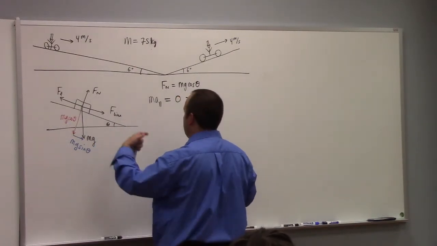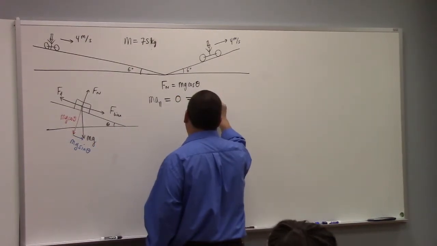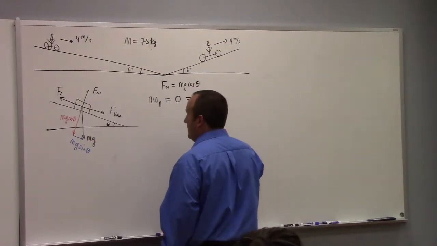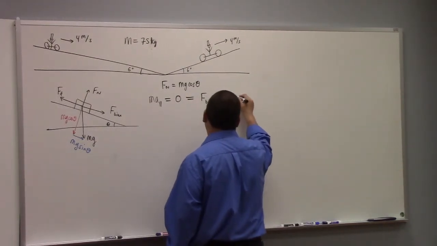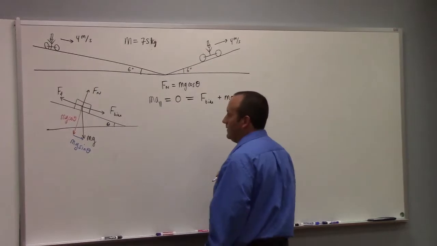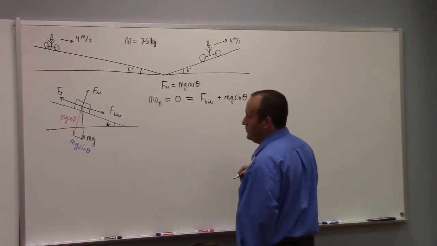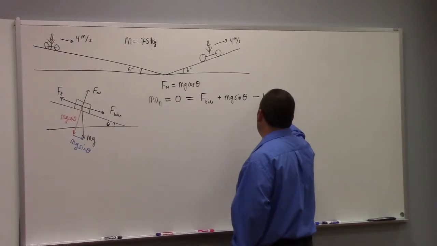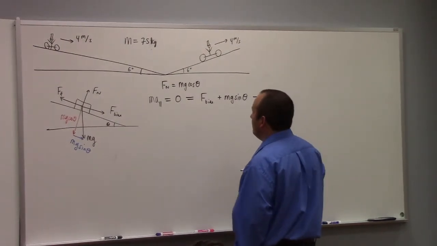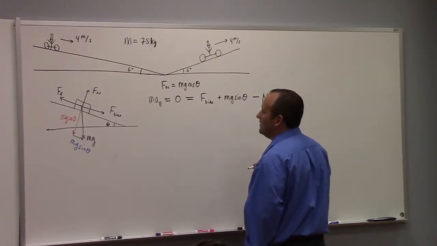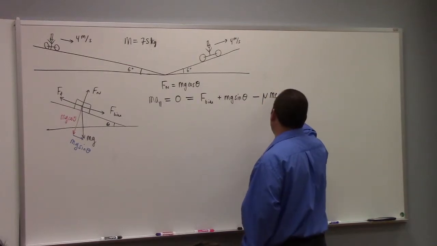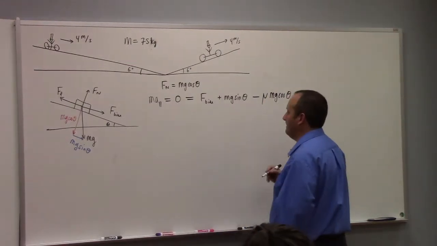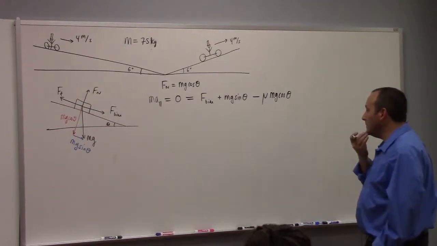I'll take down as positive, so we've got the force of the bike plus mg sine theta minus the force of friction, which is mu. We don't know mu, but we do know the normal force is mg cosine theta, right?